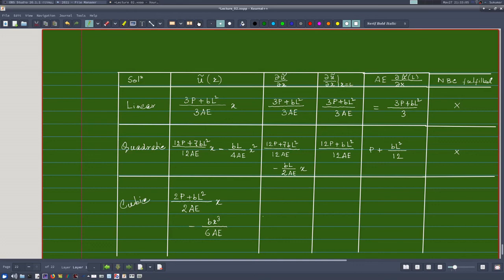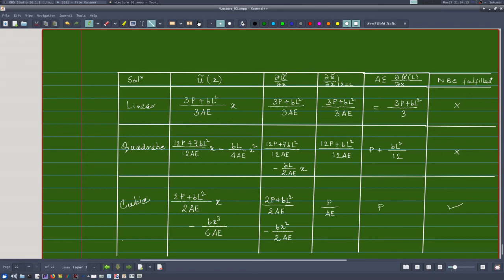And the partial derivative is twice p plus bl square by twice ae minus bx square by twice ae, and this value is p by ae, and hence ae times this value is just p, so this fulfills the NBC.